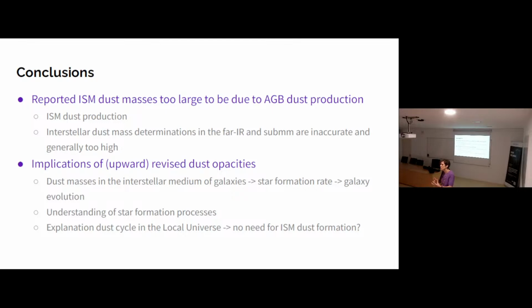So the beta is just a property of the grain. It's just a description of the opacity of the bulk material. So there is not really a physical meaning to this. This is another problem that I have with this beta, that it doesn't have a physical meaning.